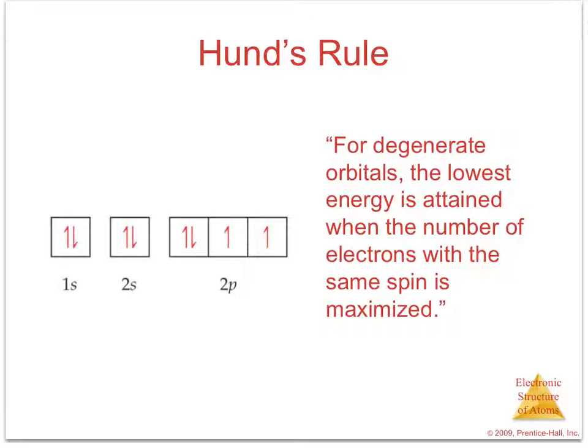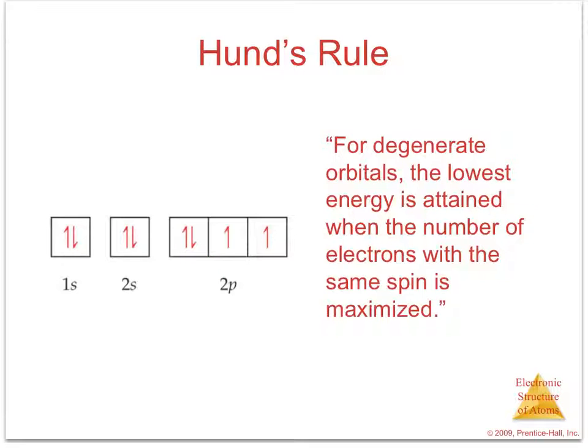Hund's rule here. I had a student years ago that called this the empty bus seat rule, and I think that's a good way to remember it. Essentially what it's telling you is as you are filling electrons within a degenerate set of orbitals, like the 2p's are, you place 1 electron in each orbital first with parallel spin, then you come back and start filling in orbitals that previously had 1 electron.